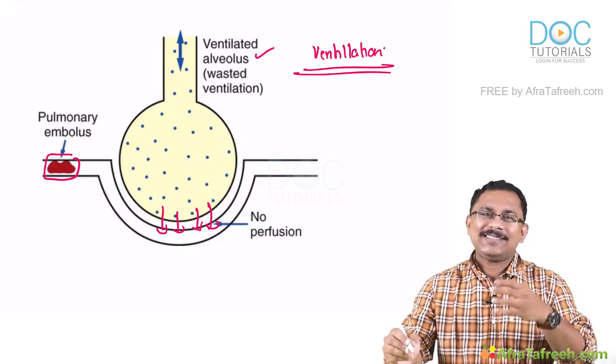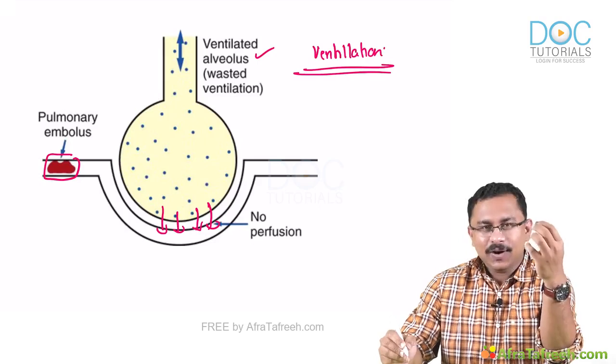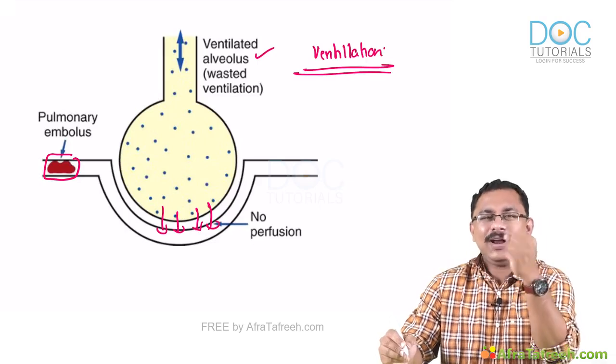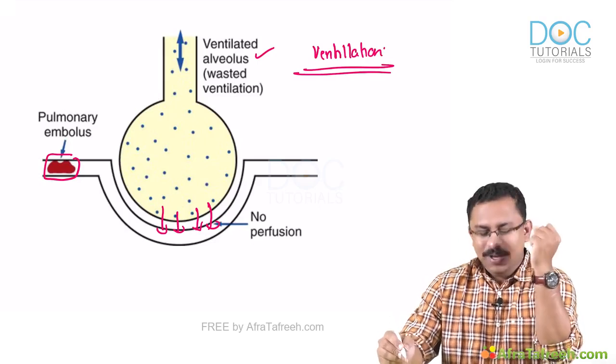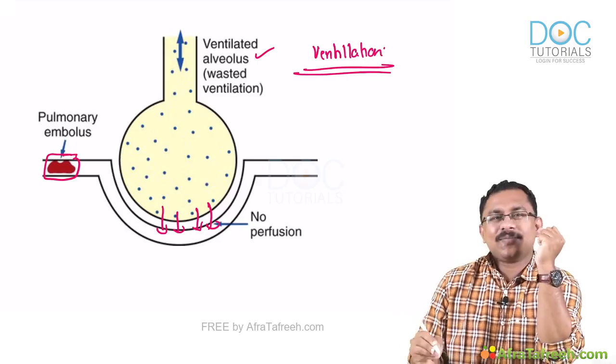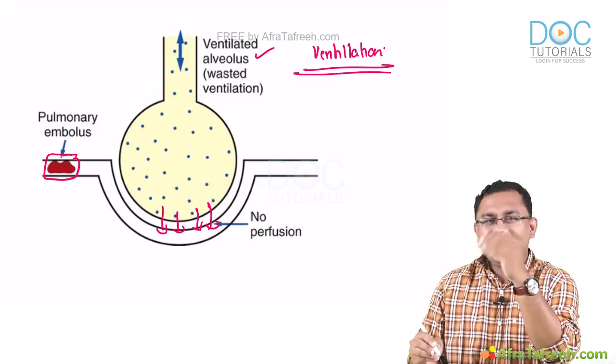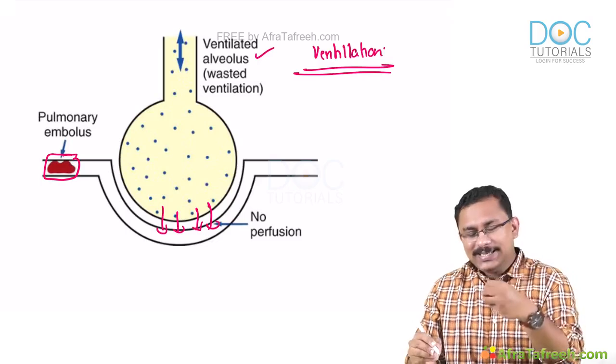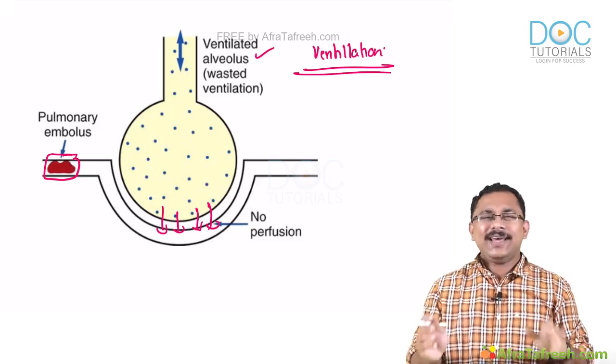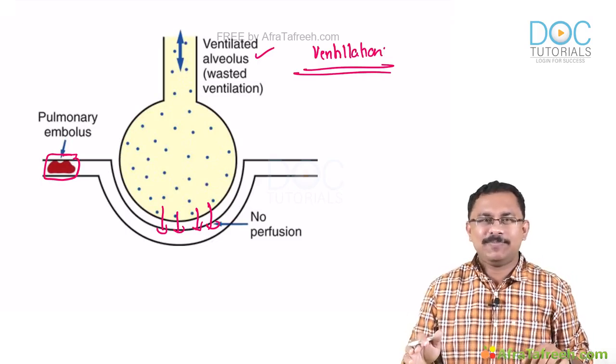No, the airways are perfectly fine, the oxygen is actually coming to the alveoli. But what is the problem? Since you have a clot here, the perfusion is affected. So since the perfusion is affected, there occurs a ventilation perfusion mismatch.